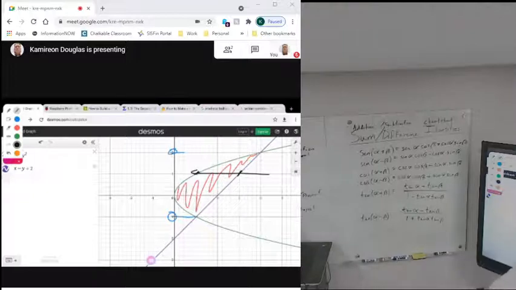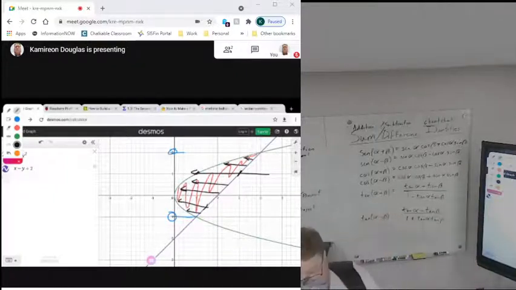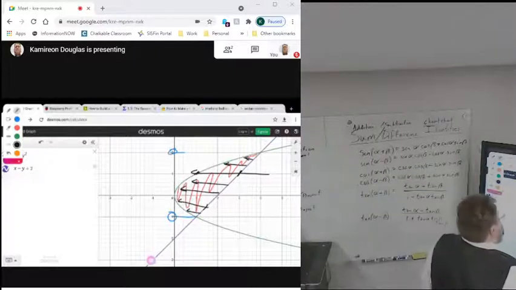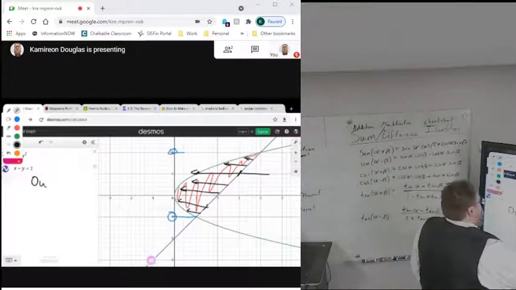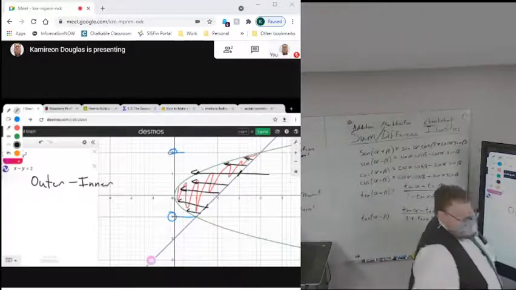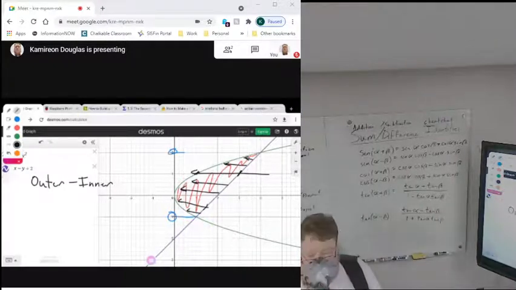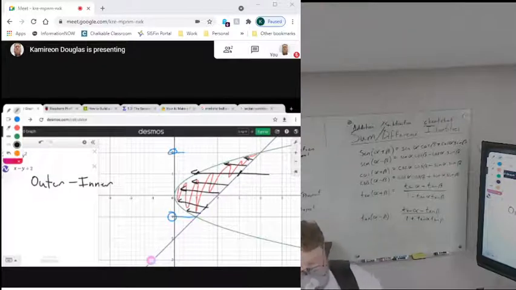Everywhere I go in this boundary, I touch the purple one first, the green one second. So while the book says to do top minus bottom, I prefer to think outer minus inner. I have to remember that with x, that means I'm going top to bottom. With y, that means from right to left.